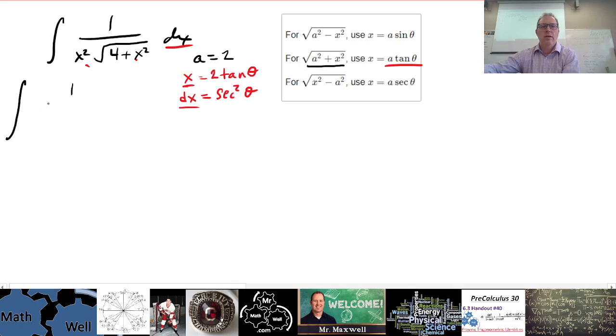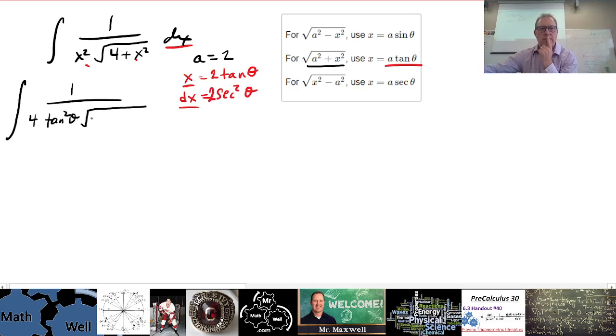Well, we get 1 over, actually I'm going to square this, so it's going to be 4 tan squared theta. That's what this is. Oh, for this one, yeah, sorry, that's 2. You're right. We missed the 2 here. Times 2 secant squared, yeah, that's right, thank you.